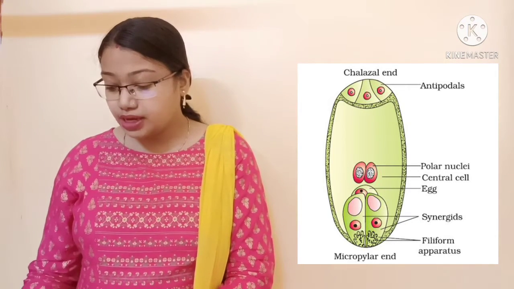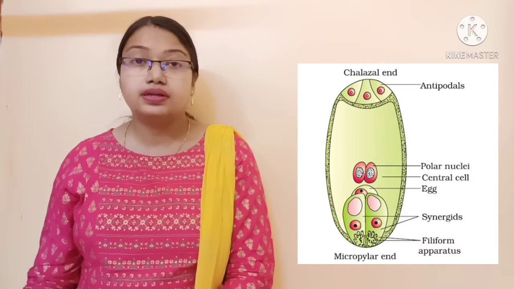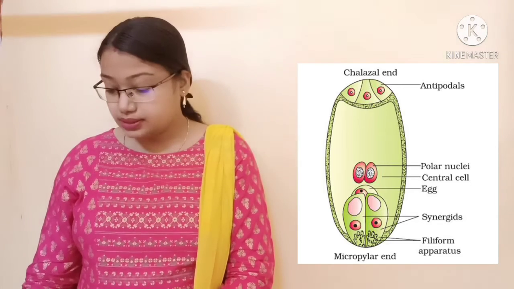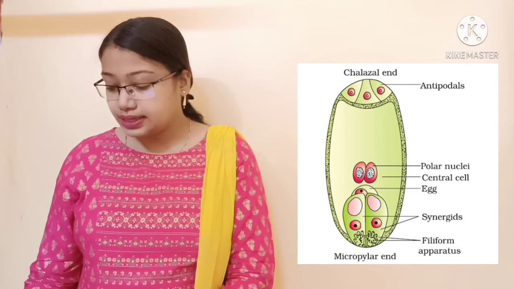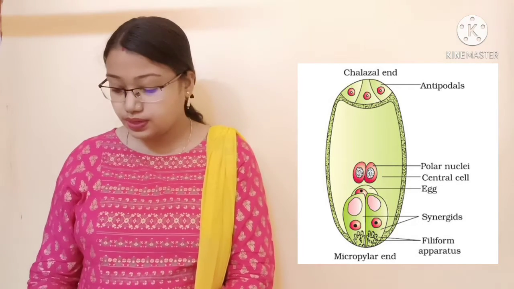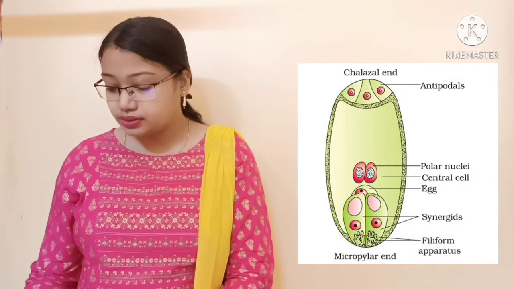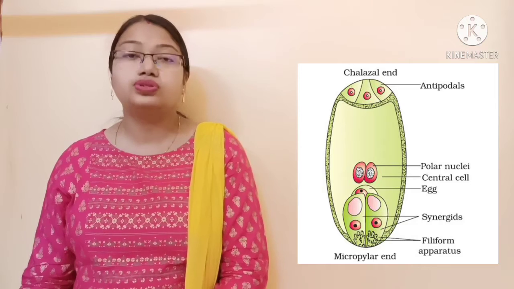Development of the megaspore mother cell. Let us study the different steps of megasporogenesis now. The megaspore mother cell is a large cell containing dense cytoplasm and prominent nuclei. The process of formation of megaspores from the megaspore mother cell is called megasporogenesis.